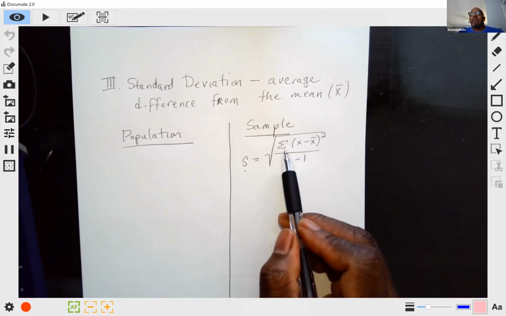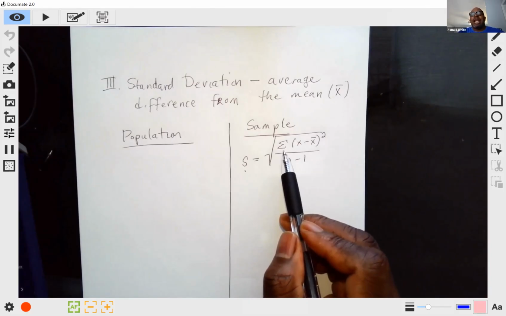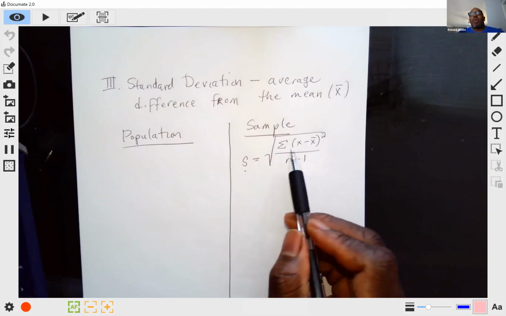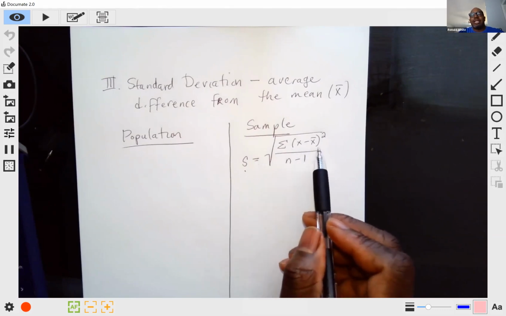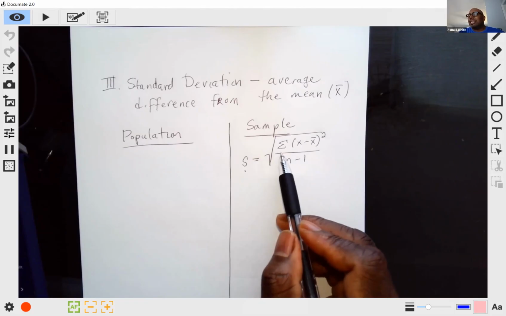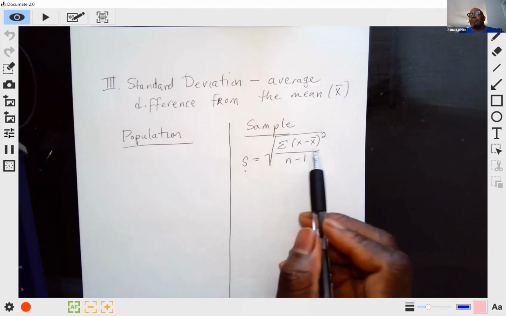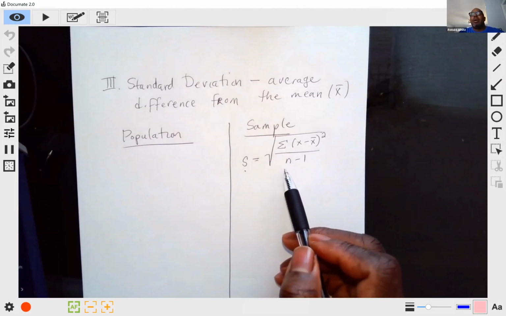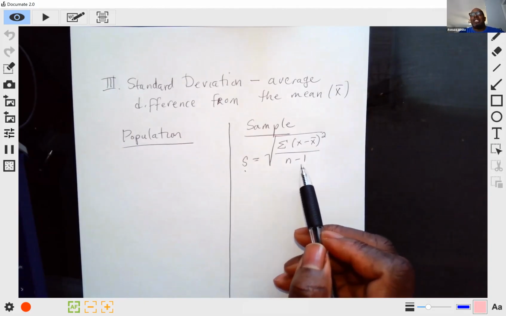Remember, sigma means to add. This is not a variable. It means add up a bunch of numbers. Matter of fact, add up a bunch of squared numbers. That's all it says. The numerator says add up all of these squared numbers and then divide by n, the number of grades in this case, or what we like to call the sample size, minus 1.